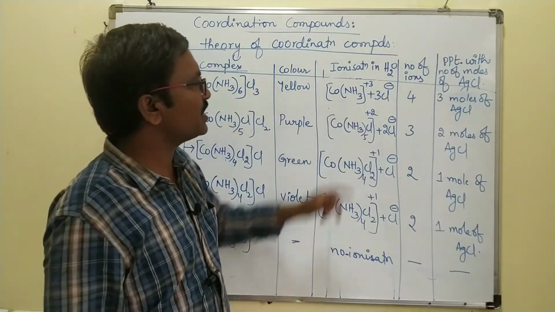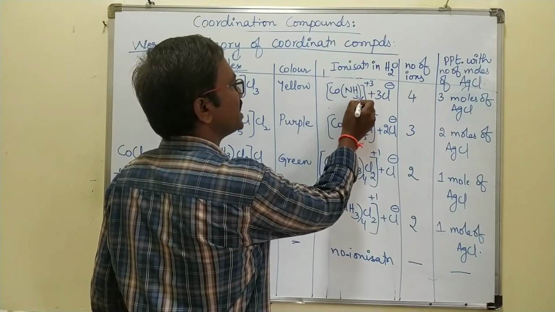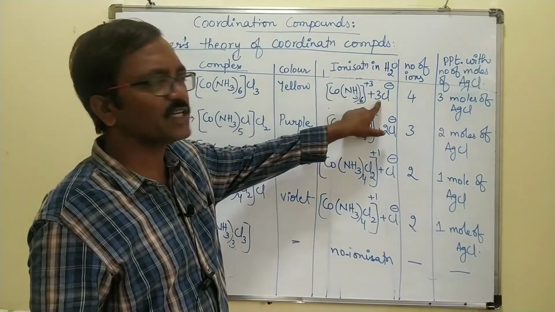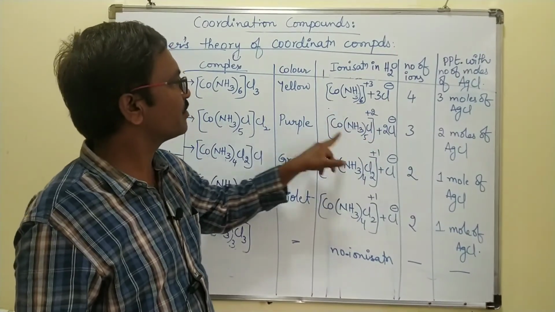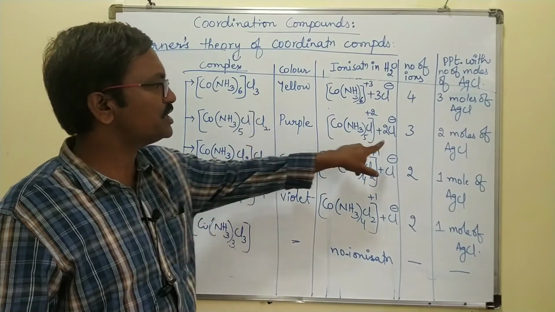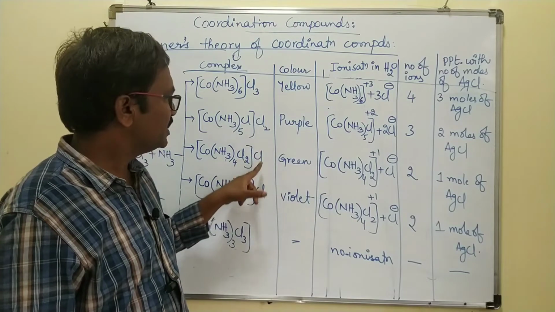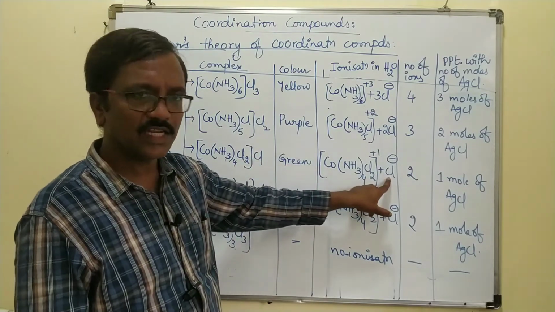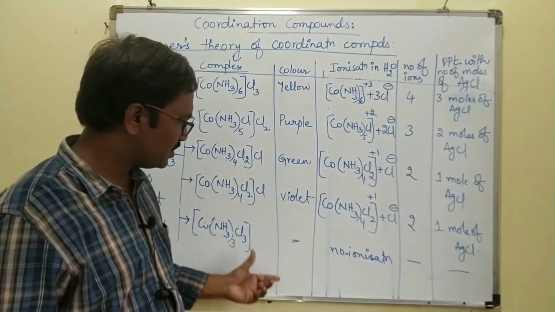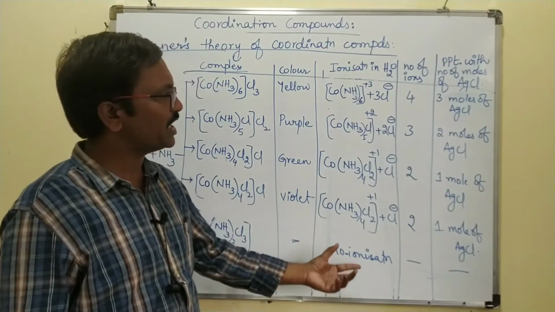So here NH3 is taken 6 times, and the outside 3 Cl are converted into 3 Cl minus, because this is the ionizable sphere. In this one, 2 Cl are ionizable. The coordination sphere is not ionizable. In this one chloride is ionizable, in this one chloride is ionizable. This is not ionizable. In this one, there are no chloride ions, that's why no ionization takes place.